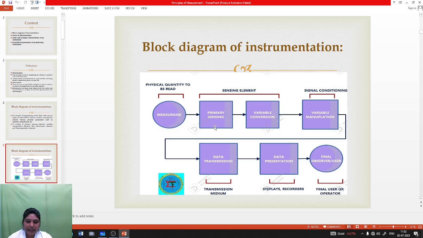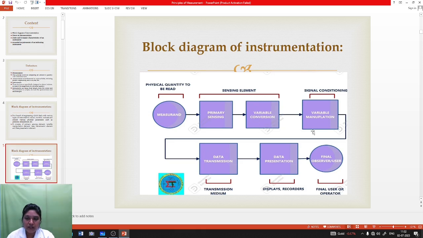If it is an electrical parameter, we go to the next stage, that is variable conversion. So what is variable conversion? The output of the primary sensing element is in electrical form, and it should be accepted by the next stage.